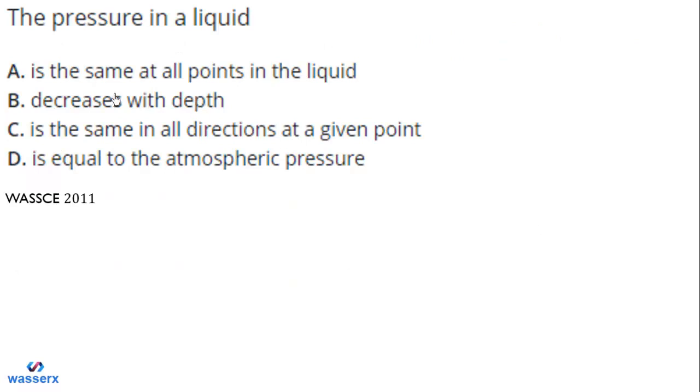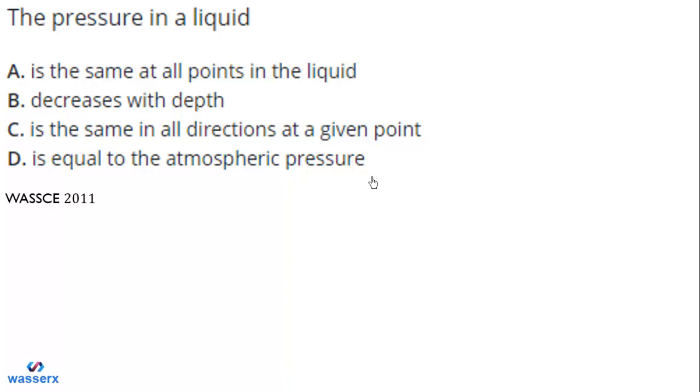The pressure in a liquid is the same at all points in the liquid. That is option A. Option B, decreases with depth. Option C, is the same in all directions at a given point. Option D, is equal to the atmospheric pressure. So which is the correct answer?